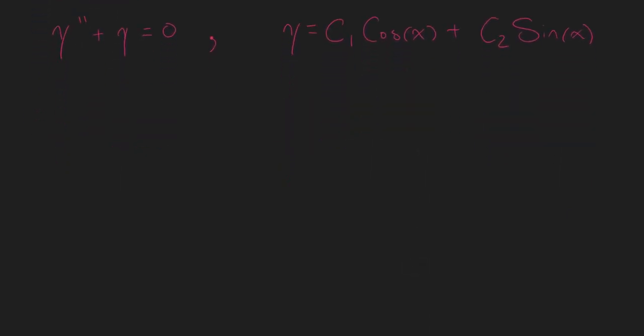We'll have three different categories. The first has the boundary conditions y of 0 is equal to 0 and y of pi over 4 is equal to 0, so the boundary is from 0 to pi over 4.